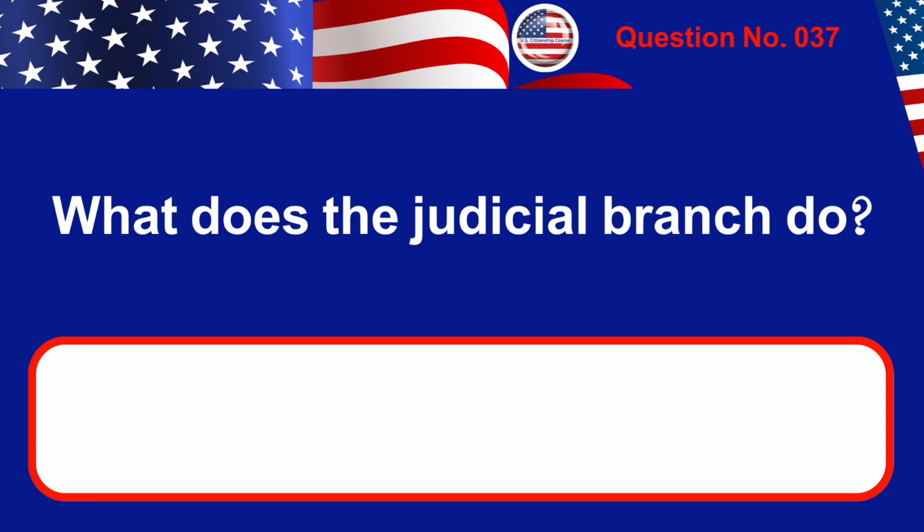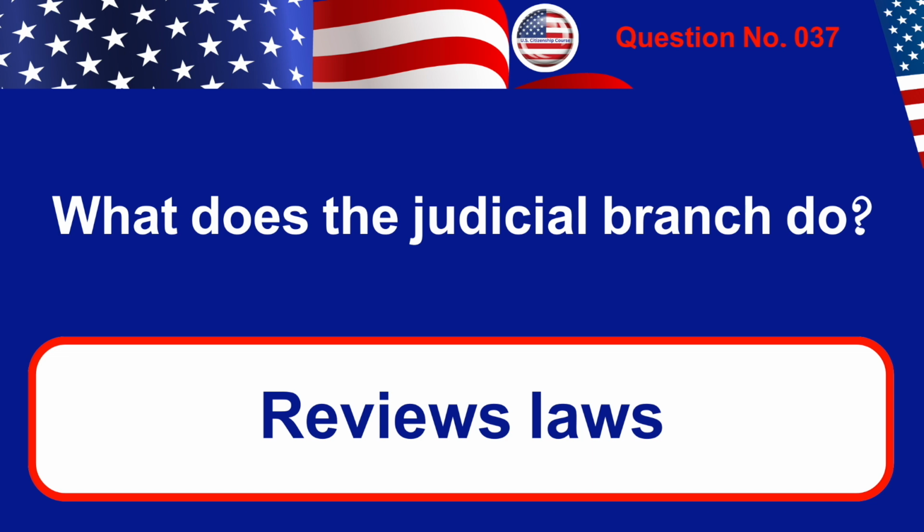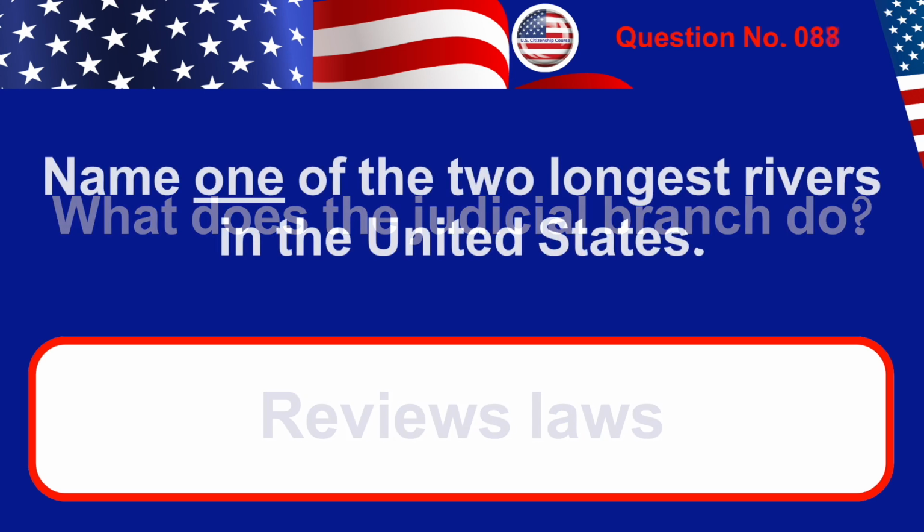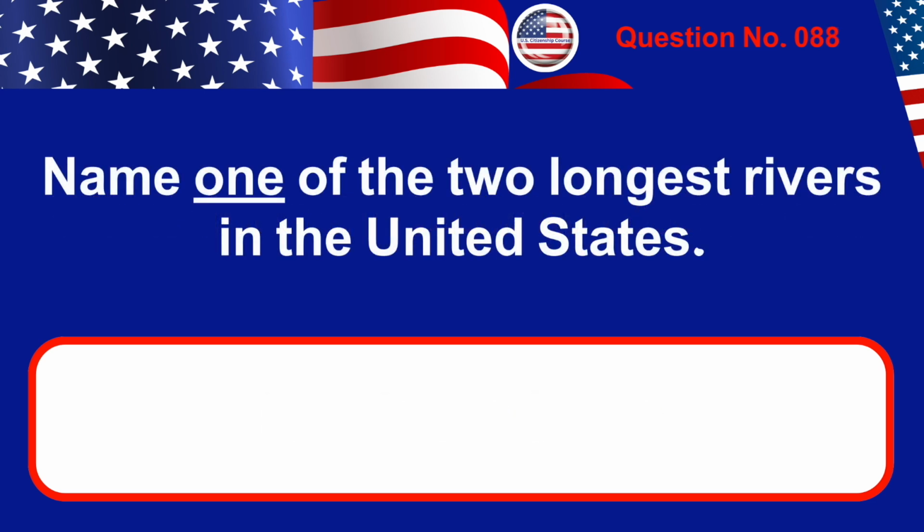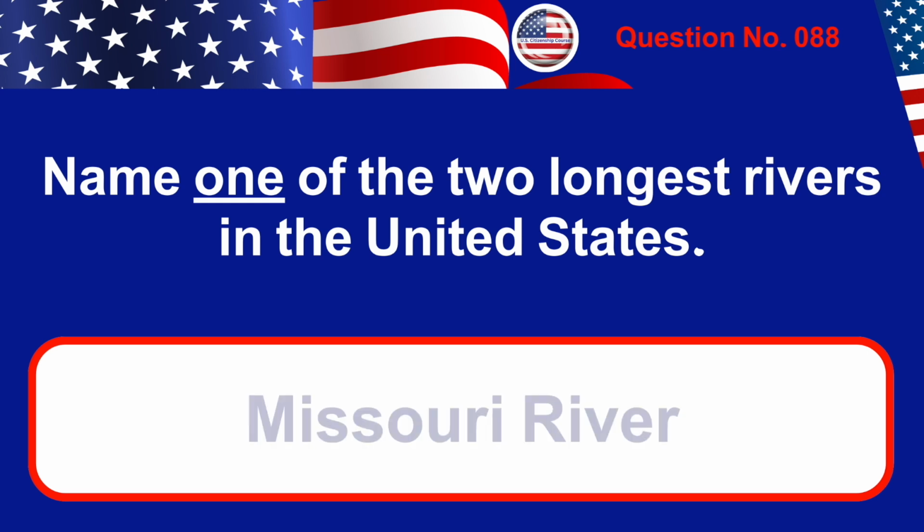What does the judicial branch do? Reviews laws. Name one of the two longest rivers in the United States. Missouri River.